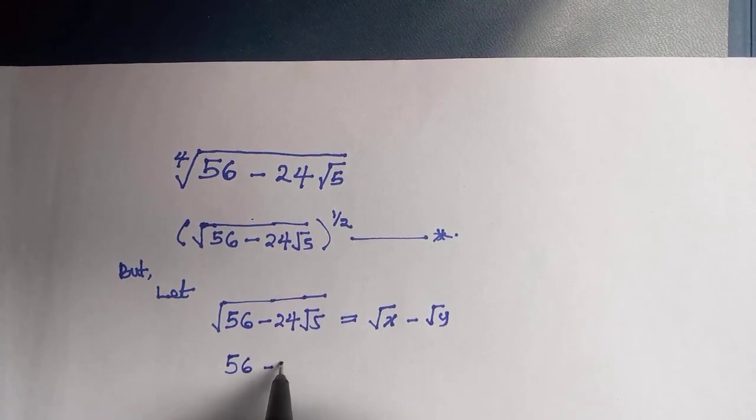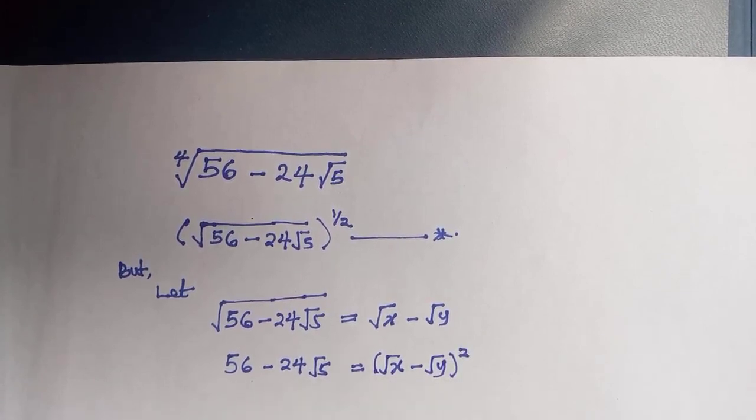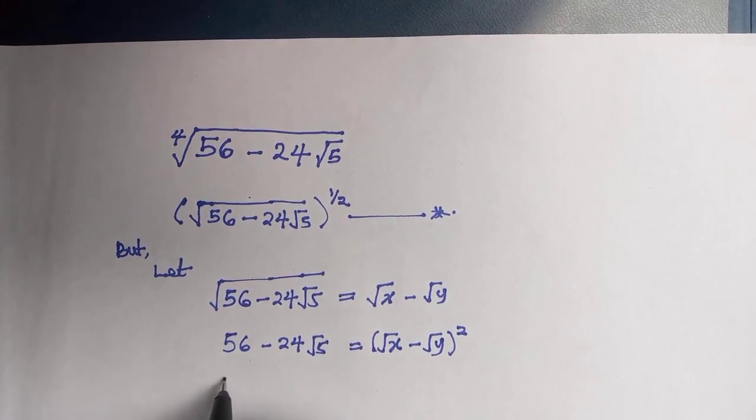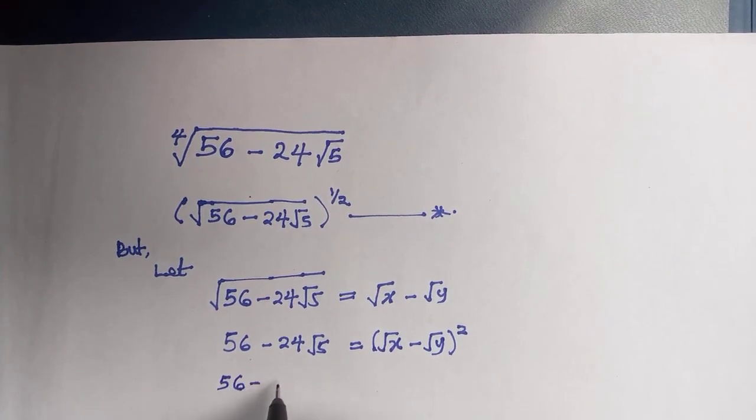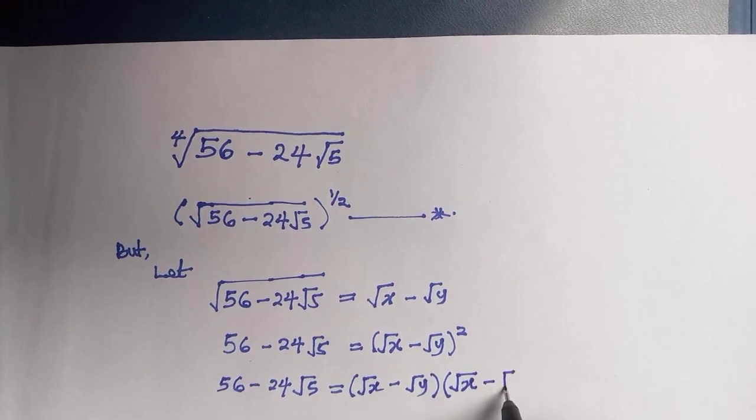So here we have 56 minus 24 root 5 equals to the root of x minus the root of y, all squared. All right. So 56 minus 24 root of 5 equals to, let's expand this. We have bracket root x minus root y, open bracket, root x minus root y.